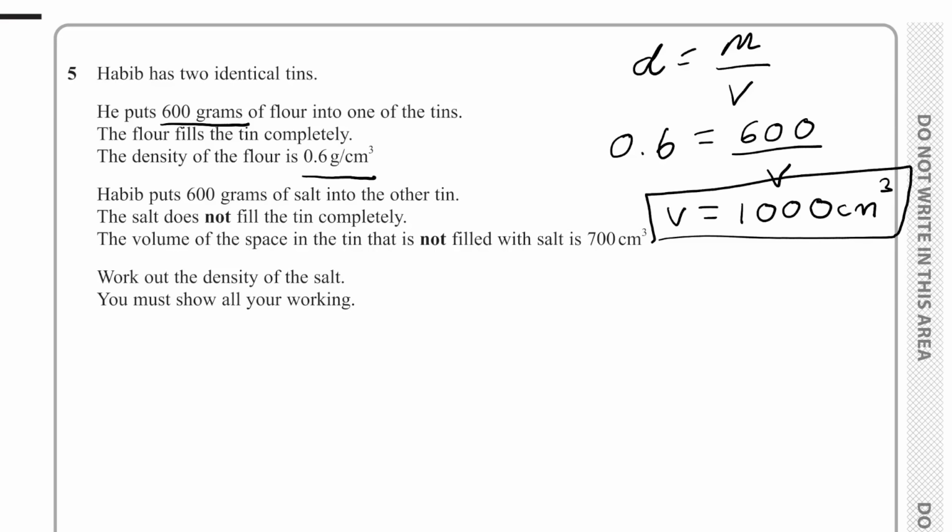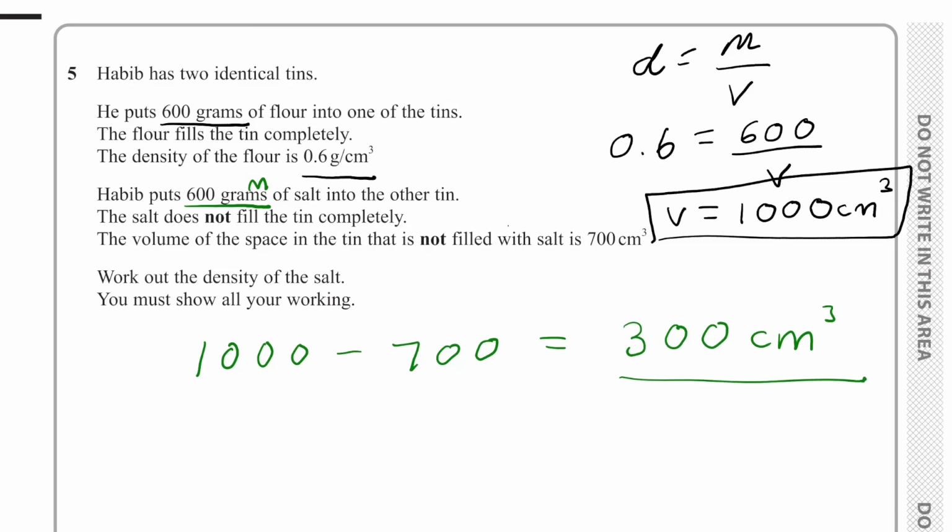Habib puts 600 grams of salt in the other tin. So that's mass again. The salt does not fill the tin. The volume of space not filled is 700. So filled is 1,000 take away 700, which is 300.